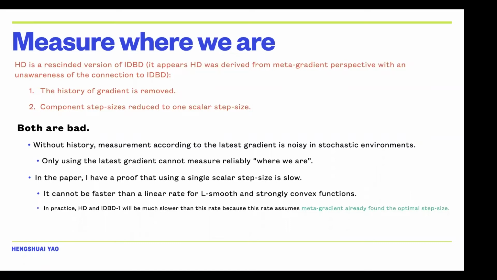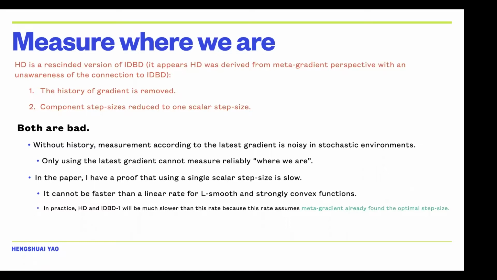This is quite interesting because this rate appears to be faster than the best rate for gradient descent using the optimal scalar step size. It's faster, but just by a constant. So in practice, this linear rate is not achievable by meta-gradient. You can check the proof in the paper to see why.